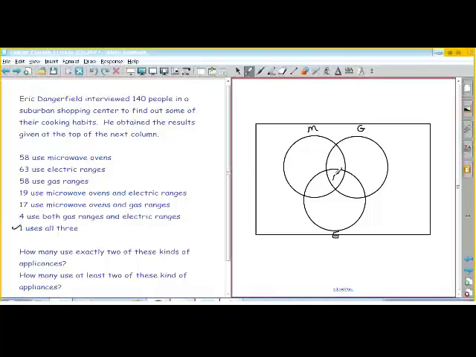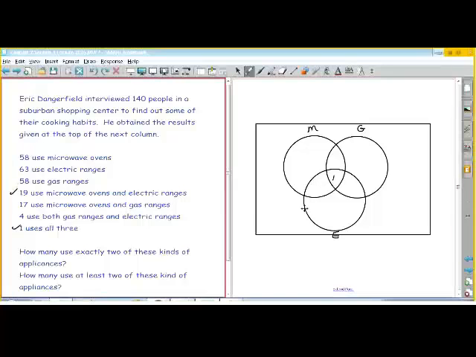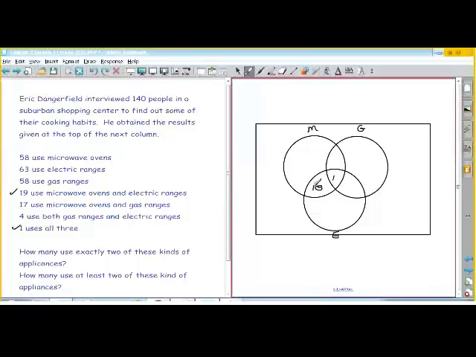Check that off, put the 1 in the middle. Then we look for the intersections of 2. Here's the intersection of microwaves and electric. The total has to be 19, so this one has to be 18.